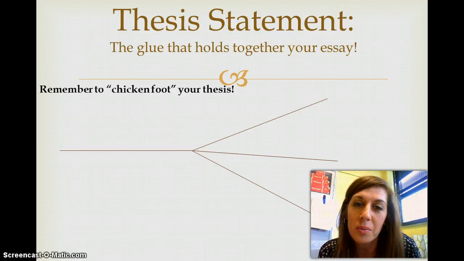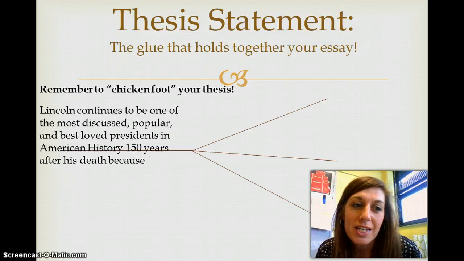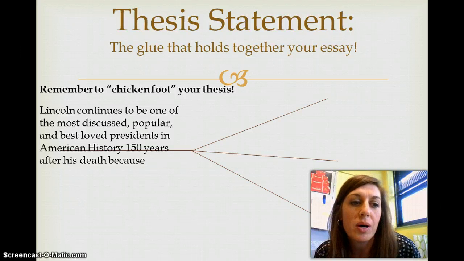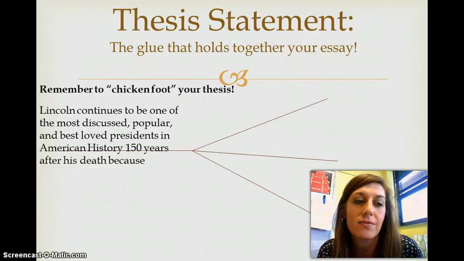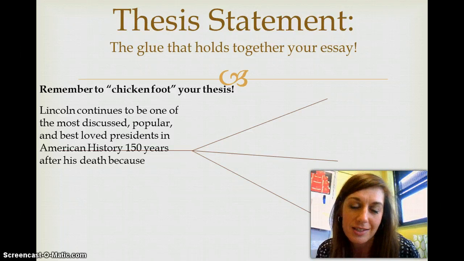So if we look at our prompt, I'm going to use the thesis statement that Miss Moriarty created for our example essay. She restated the prompt and said, Lincoln continues to be one of the most discussed, popular, and best-loved presidents in American history 150 years after his death because, and you know because of that word right there that we have 3 reasons coming next.